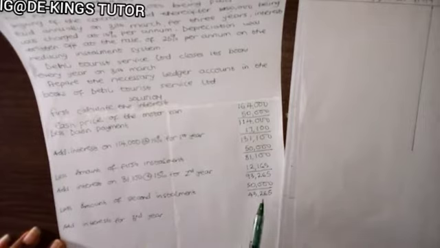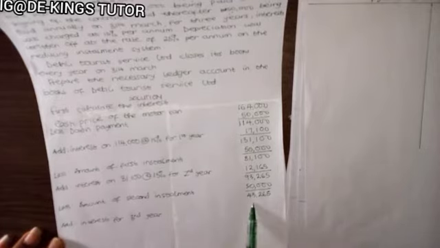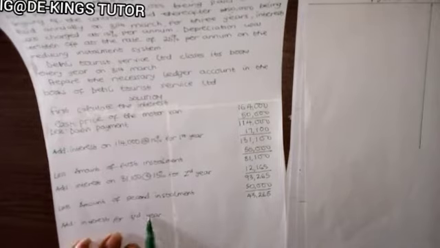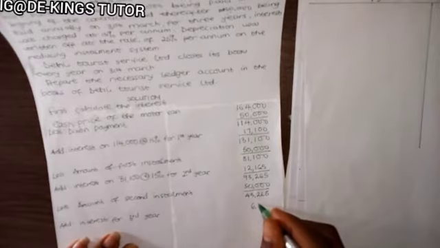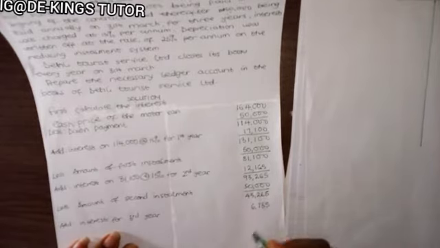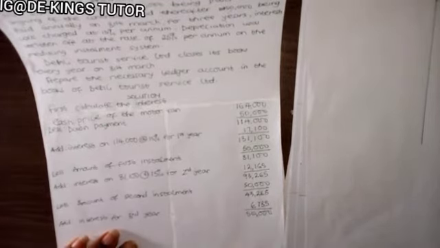Now the third one, we're going to get an amount that will add up to this to give us 50,000. That will be the third interest. So it will be 50,000 minus this, that will give us 6,735, such that when you add it together, it will give us the 50,000.